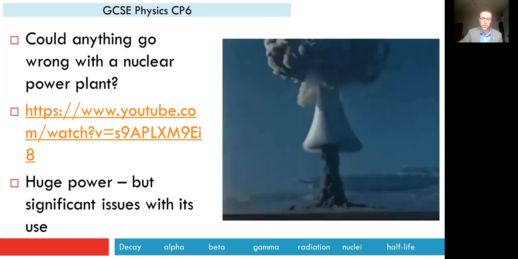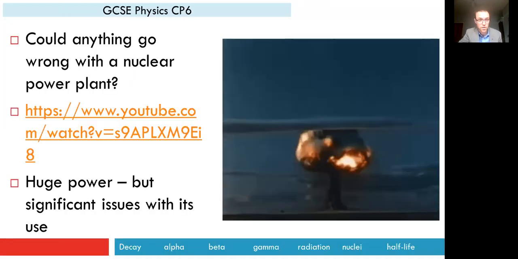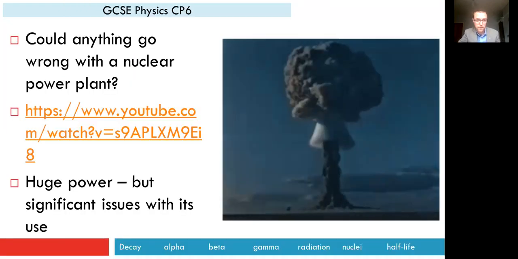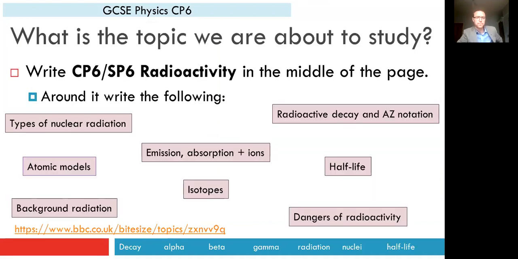So if we go back to this map, if Dungeness were to have a nuclear meltdown, in the same way as Chernobyl, then we may well have to evacuate Hastings and may not be allowed back for many tens or hundreds of years, which is the case in Chernobyl. I encourage you to watch the trailer and very much to watch the series. It's on Now TV, I believe.